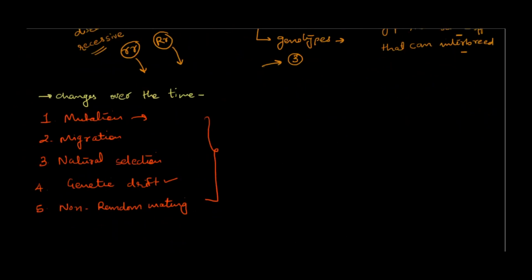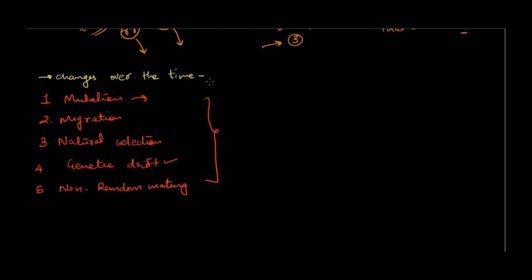So, what we can assume, for example, is that if these factors are constant, or there is no change due to these evolutionary factors, none of these factors are working on a population, then that population has a constant, or the same, frequency of allele and genotype, right, over the period of time.